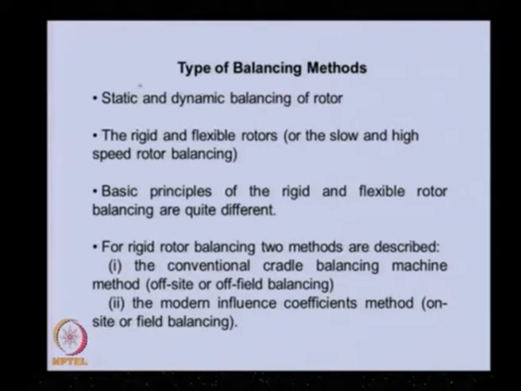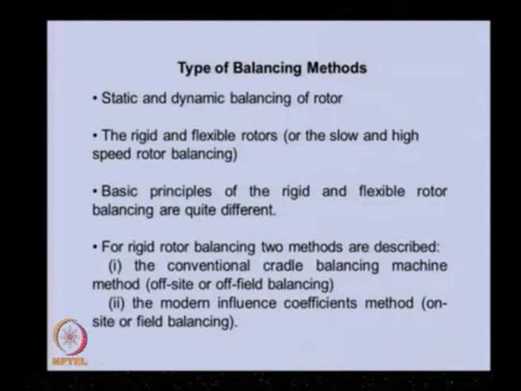At present I will be introducing this terminology, but subsequently we will be dealing with these methods in more detail. In static balancing, generally we do not rotate the rotor at operating speed, but with a stationary rotor we try to see the condition of it and balance the rotor.